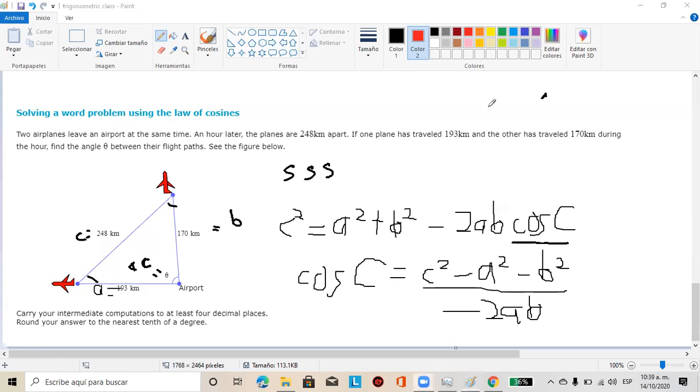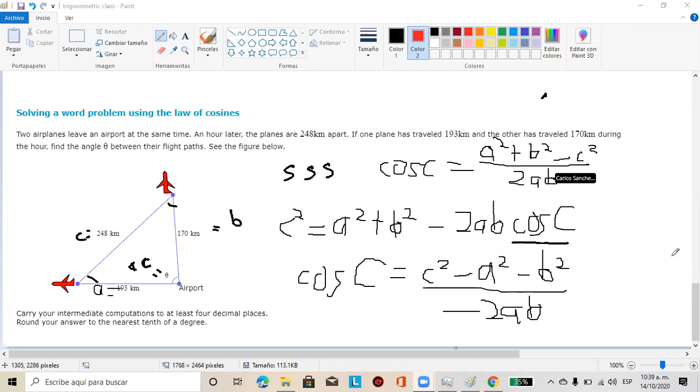I mean, Alex put it like this: cosine of C is equal to A squared plus B squared minus C squared, divided by 2AB. I think that's another way to do it.